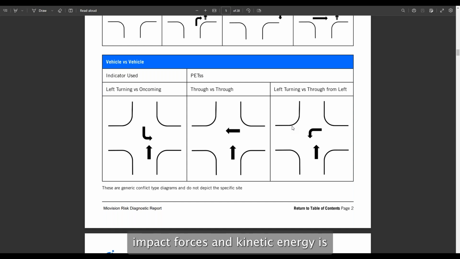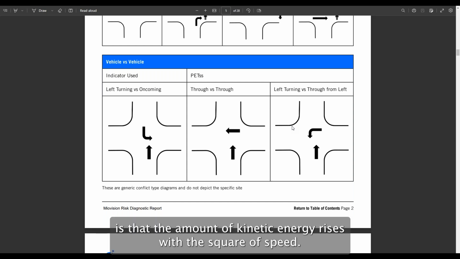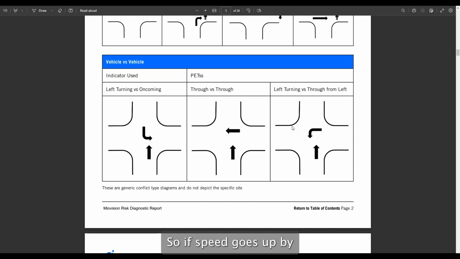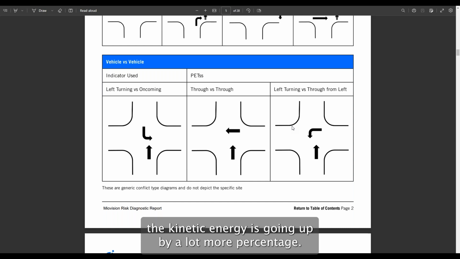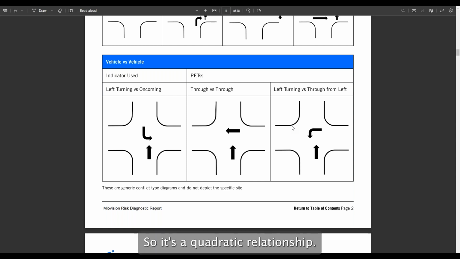And the amount of kinetic energy rises with the square of speed. So if speed goes up by a certain percentage, the kinetic energy is going up by a lot more percentage. So it's a quadratic relationship. So speed is a huge factor.